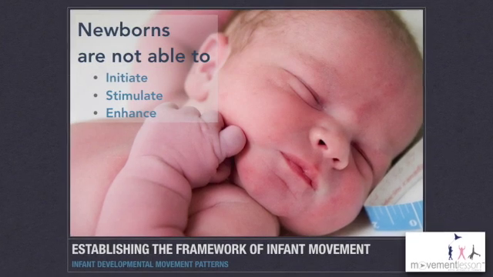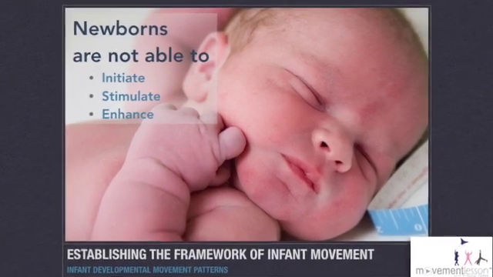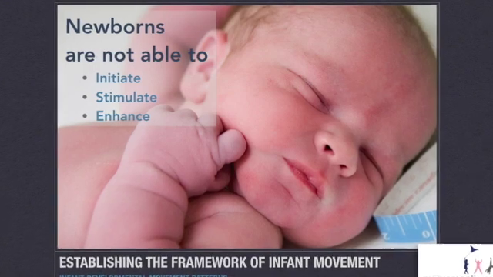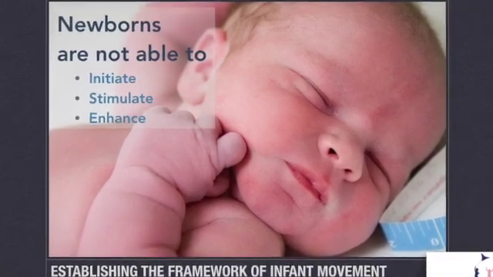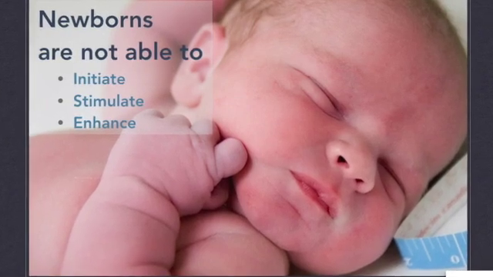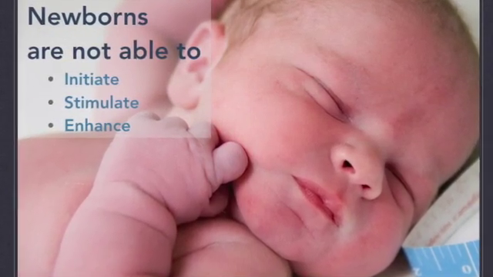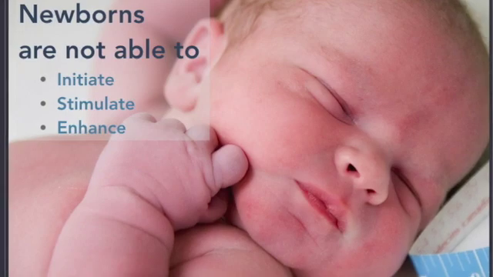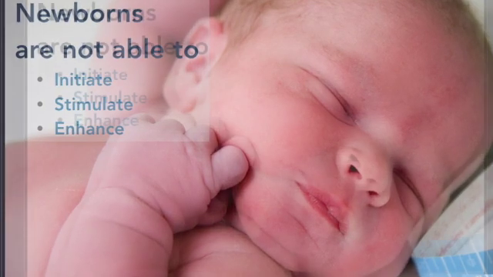Now, as we all know, newborns are not able to initiate, stimulate, or enhance their movements. Newborns, when they are born, are responding to their environment, particularly to gravity, and to do so they need rotational movements.